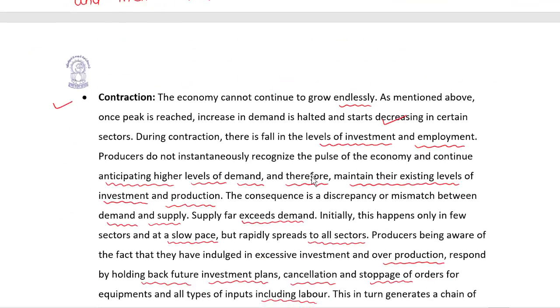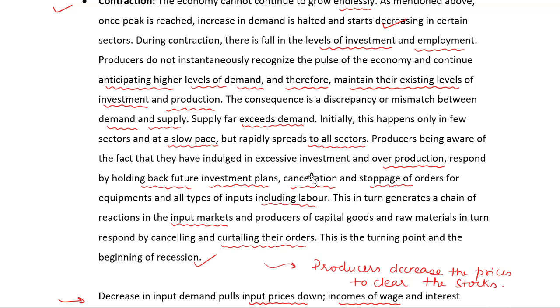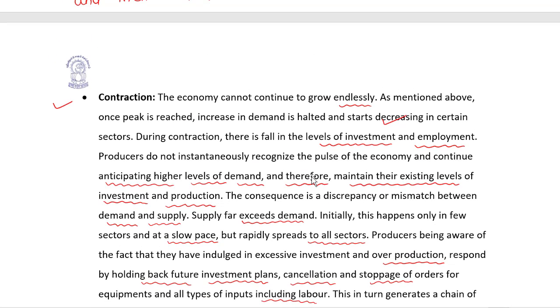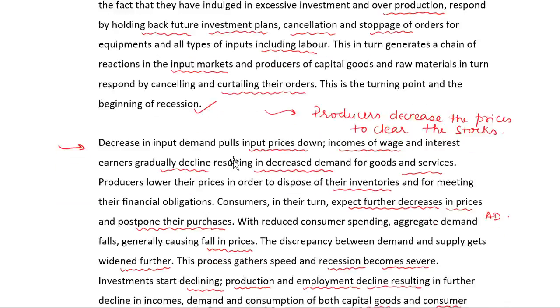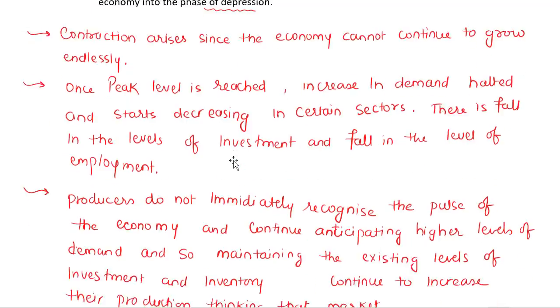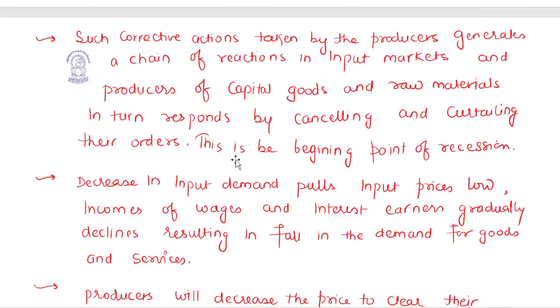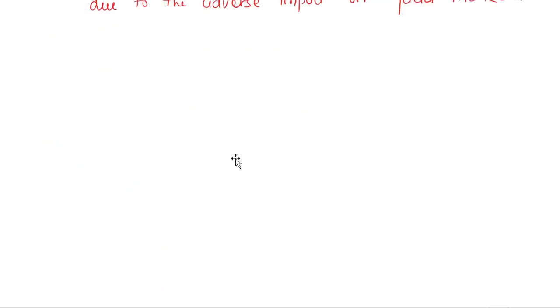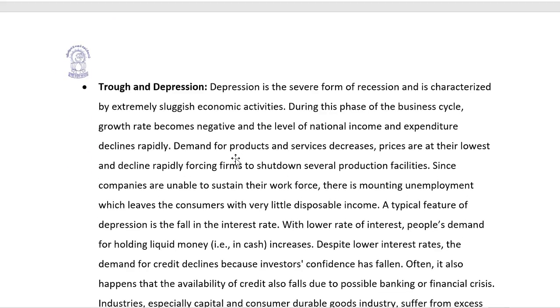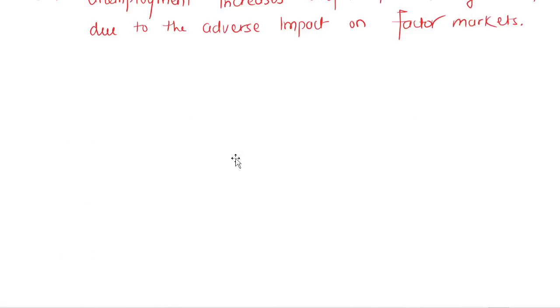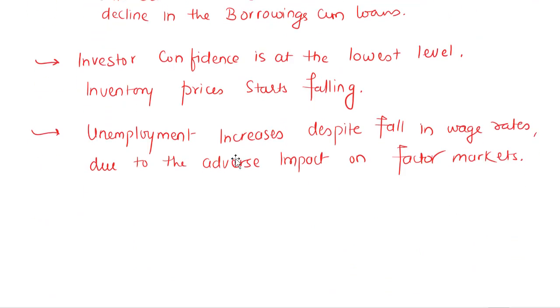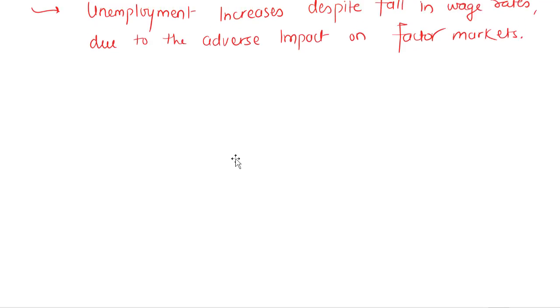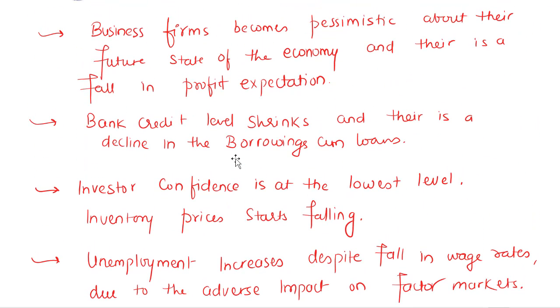At last, we shifted to the third phase, the contraction phase, and took the notes of the contraction stage. One phase is left, the fourth phase, the depression. We'll continue the fourth phase in the next class. Thank you.